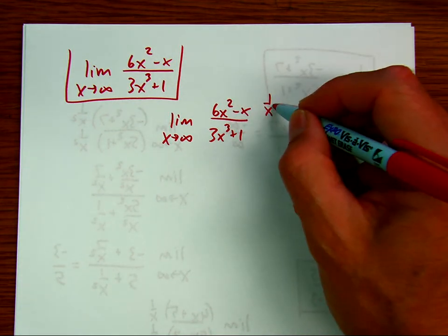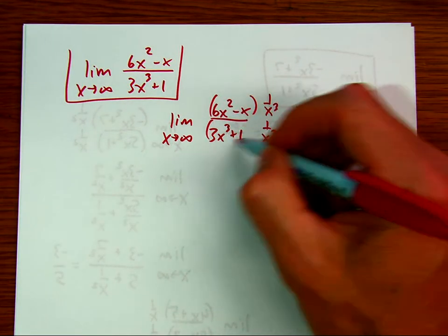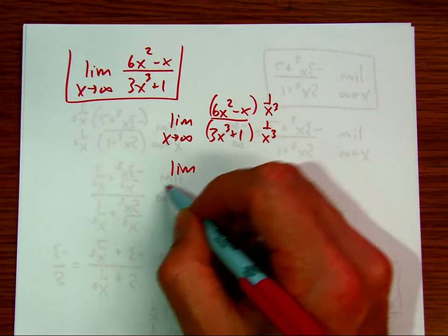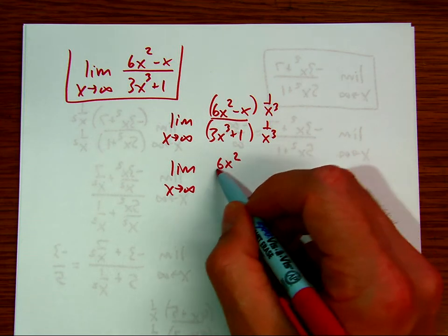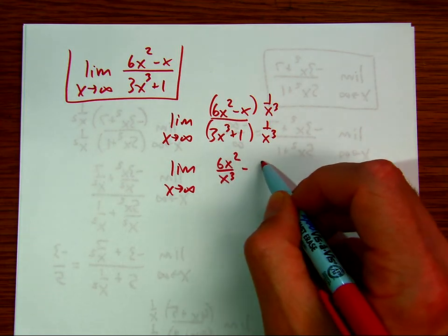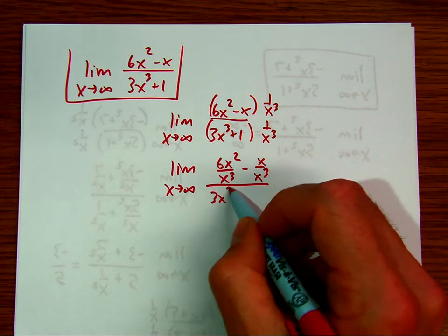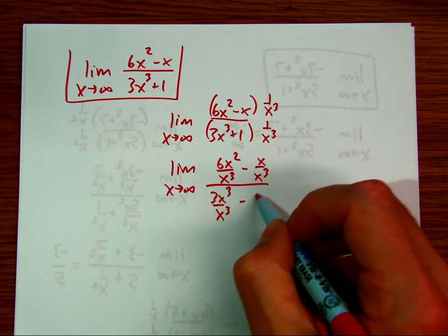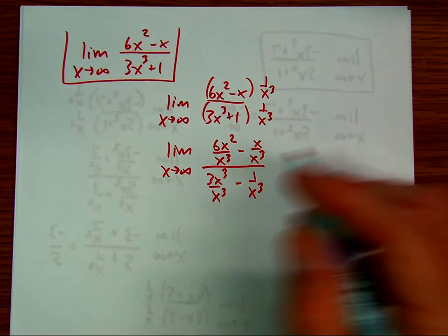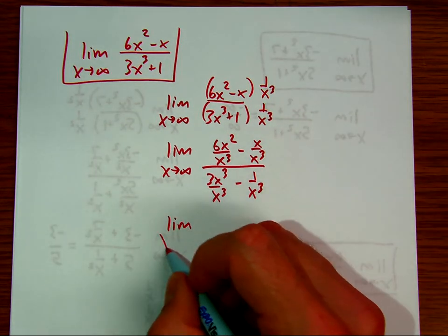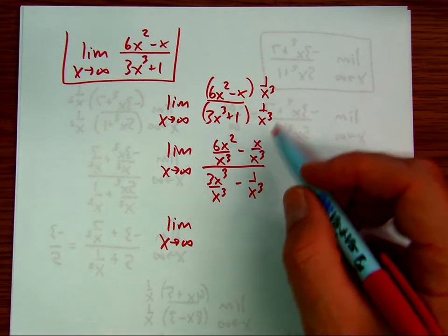Let's just go ahead and do this, since we've been doing that. So we copied everything and put x cubed under it. And now we're going to reduce it.